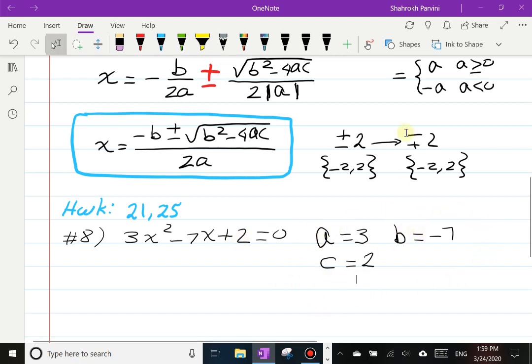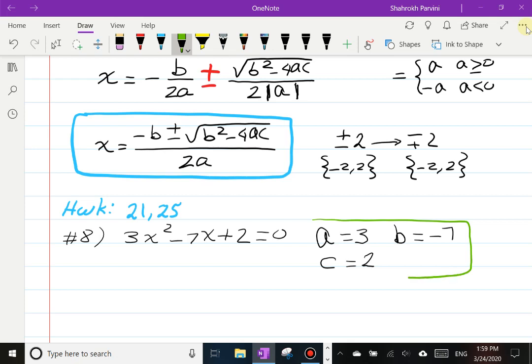We got the ABCs. Now I'm just going to go to our formula and plug in these ABCs into this formula. Okay, so let's see how it's going to turn out. That's going to become x is equal to negative b, that's negative of negative 7.